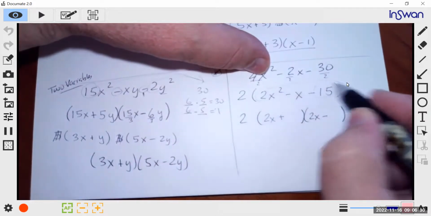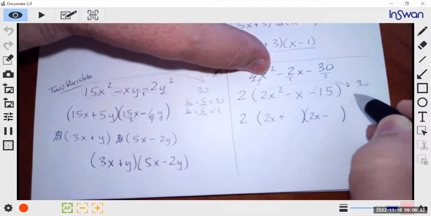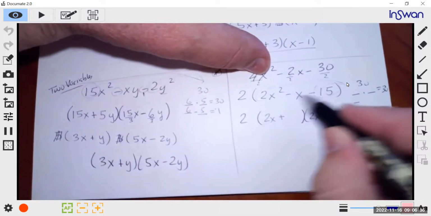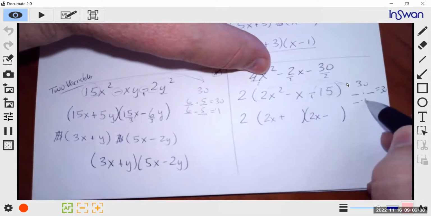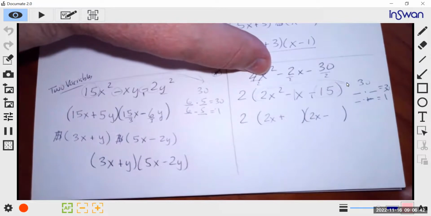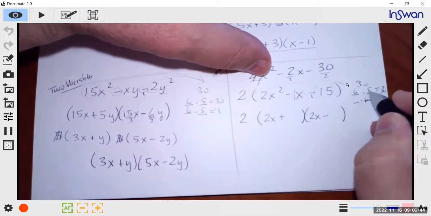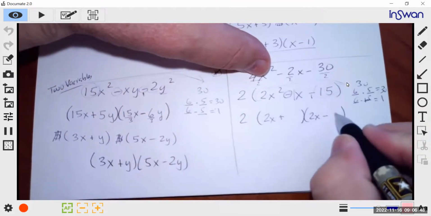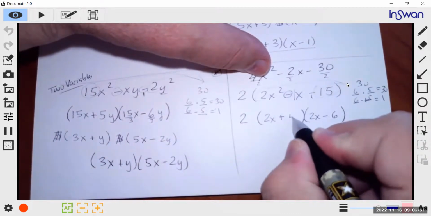Two times 15 is 30. So what times what is 30? When we subtract them, we get 1. 6 and 5. And since the first sign is negative, the 6 gets the negative.